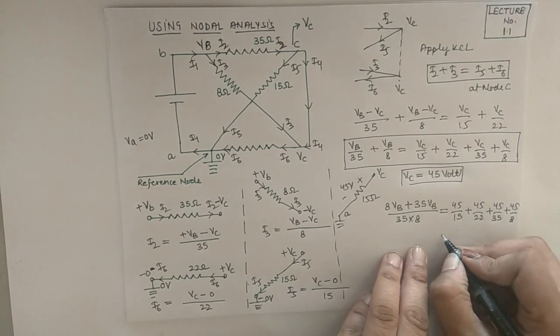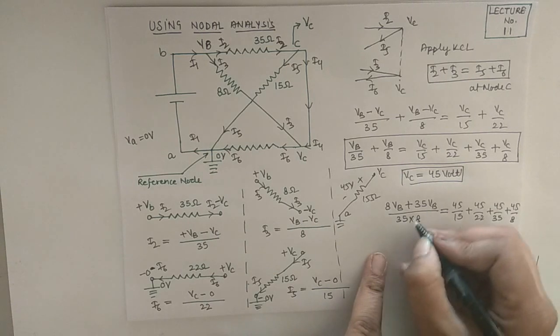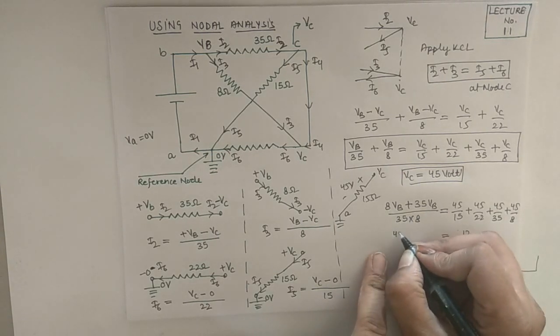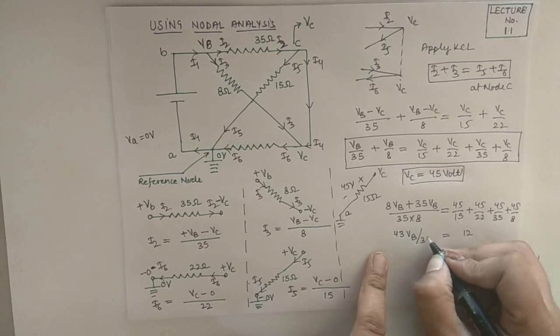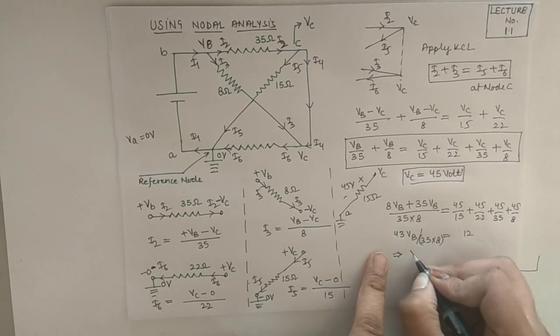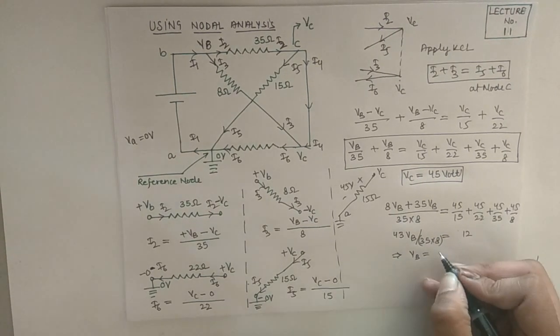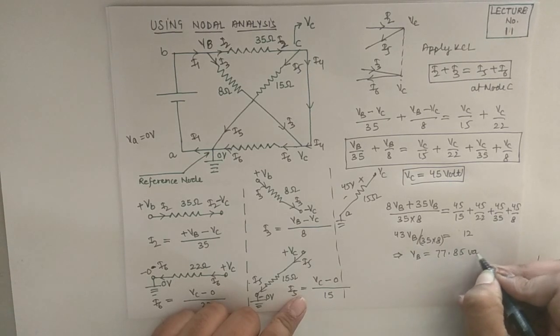So in this way it would be 12 and here 43 VB divided by 35 into 8. So after solving we get VB is equal to 77.85 volt.